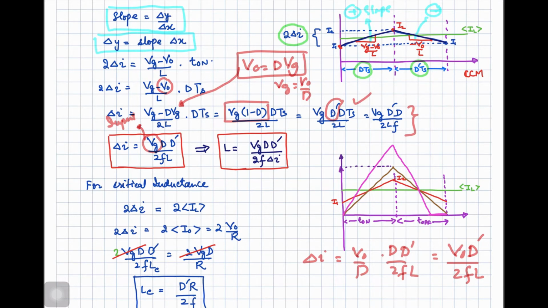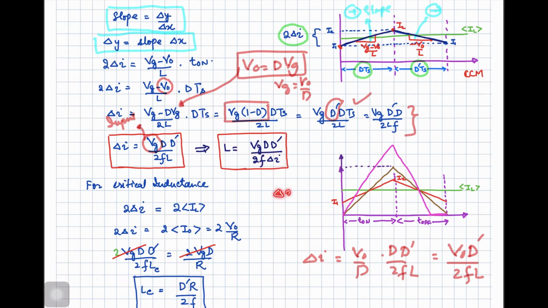right? But if you are asked to design the value of the inductance, you can just rearrange it and you can calculate the required inductance for the given value of the supply voltage, duty cycle at which you are going to operate your circuit, switching frequency, and the delta I that you want to adjust. Here you can see there is the inverse relationship between this delta I and L, right?